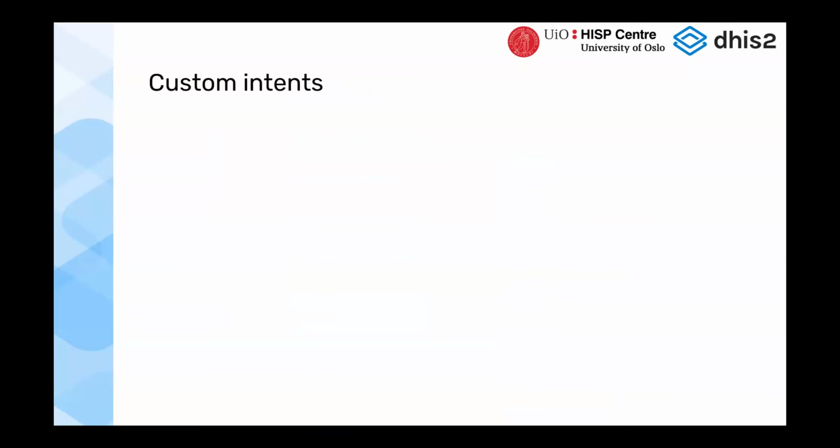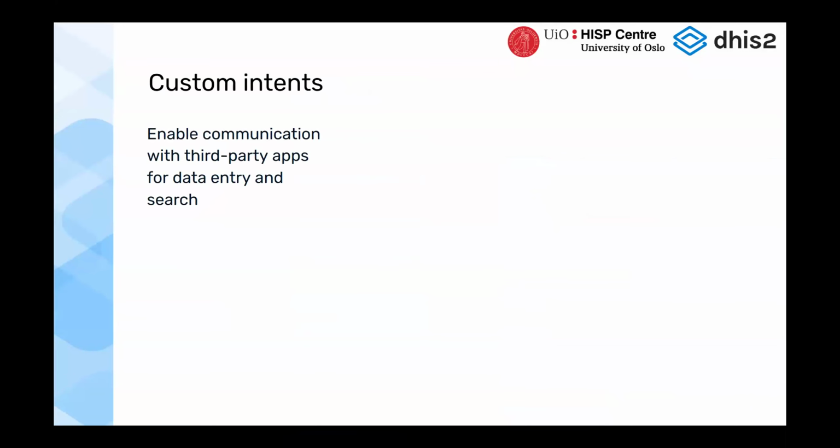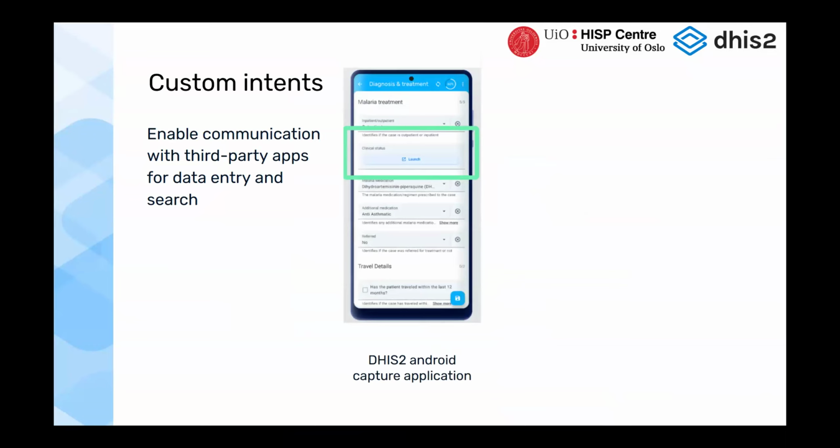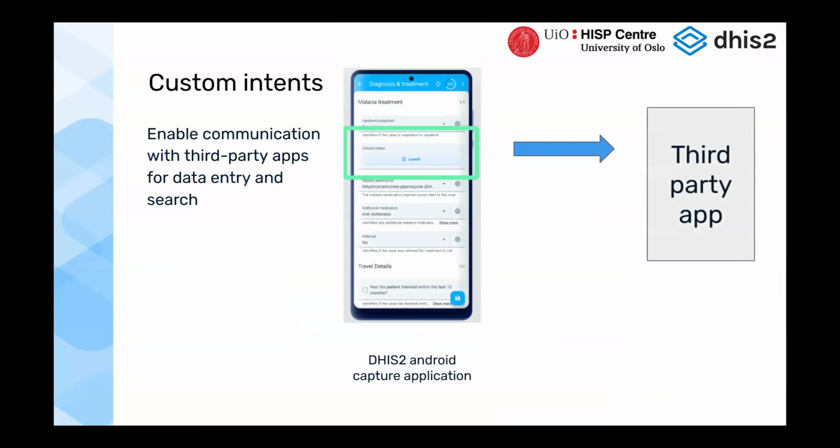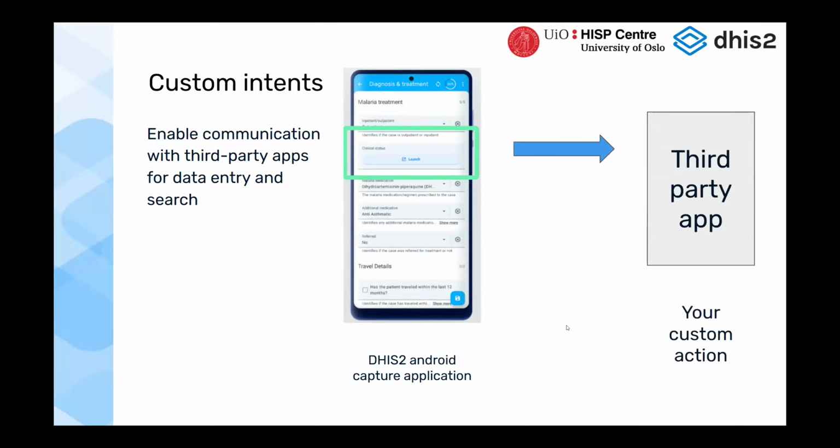Okay. So, what are custom intents and what do they allow us to do? They allow us to communicate with third-party apps for data entry and search and implement it into the DHIS2 data capture system. This is how it would look from the data entry. When you tap on launch, it will trigger our third-party app, and here is where we'll do our custom action.